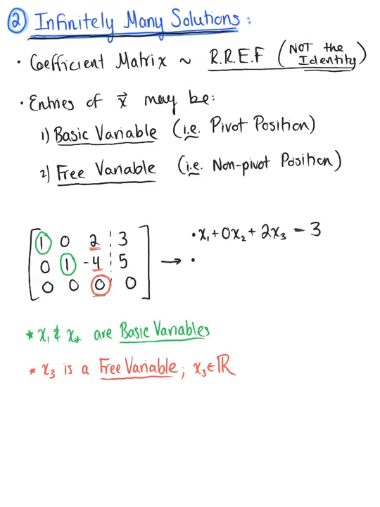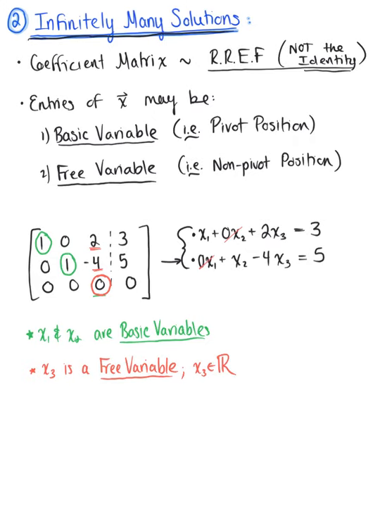The second row is telling us that 0 of x sub 1 plus 1 of x sub 2 minus 4 of x sub 3 is equal to 5. And row 3 here is all zeros, so we don't even consider it. Notice here, I've included zeros in my system, but we don't really need those. Those we can get rid of.